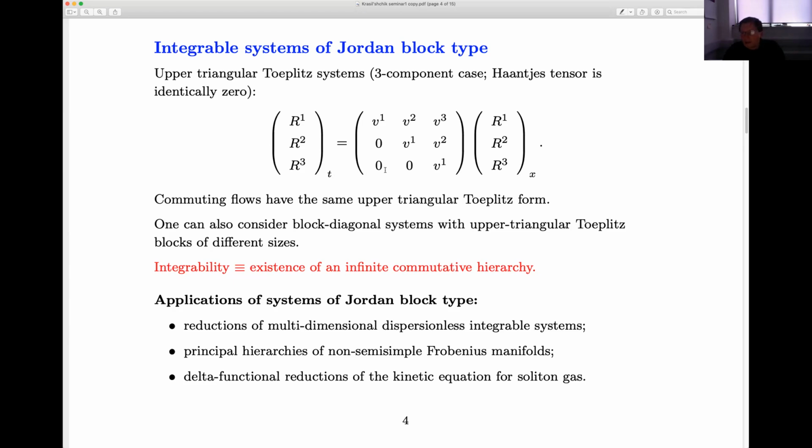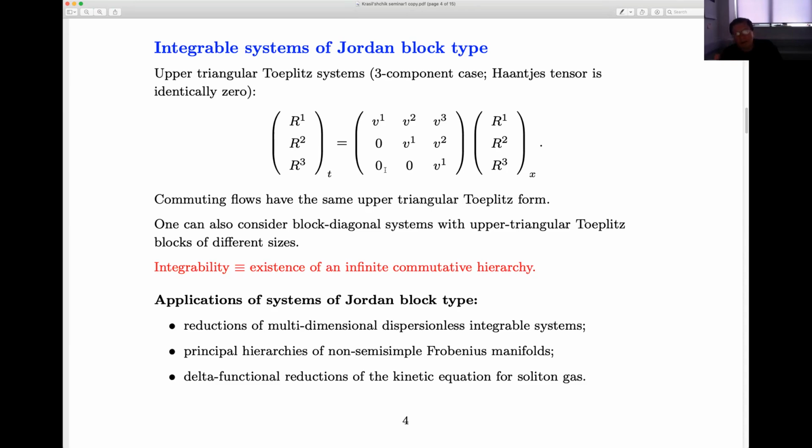Where do such systems occur? First of all, why were they not considered before? The integrability theory of diagonalizable systems of hydrodynamic type dates back to the paper by Dubrovin and Novikov, I think from 1983, and then it was developed by Sergei Tsarev in his PhD thesis.